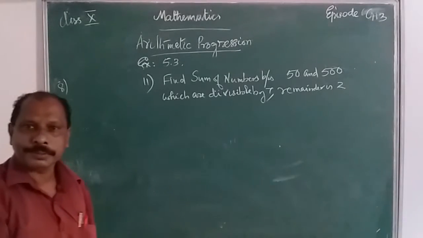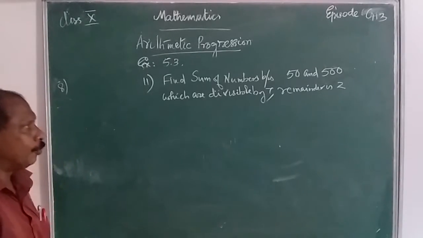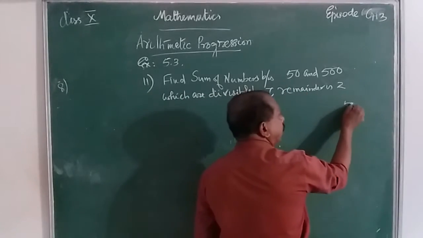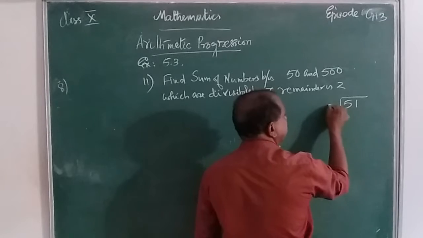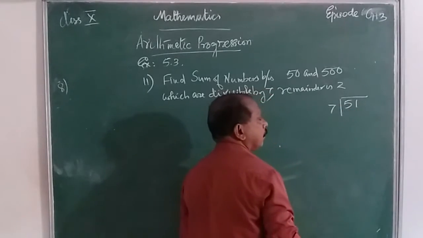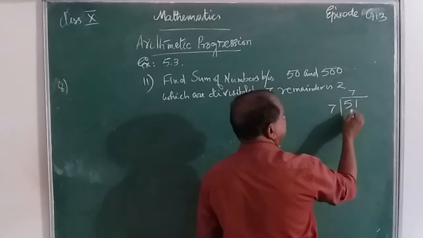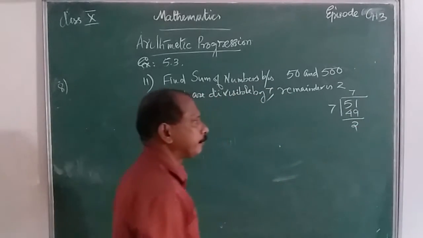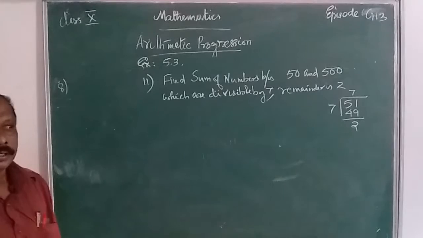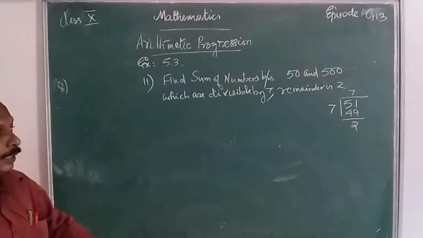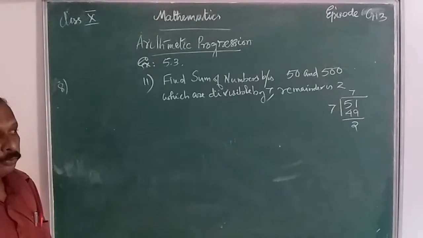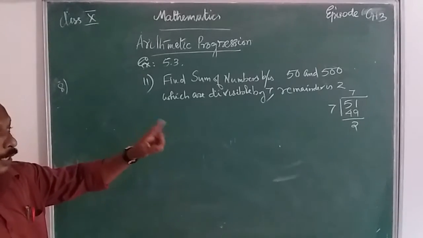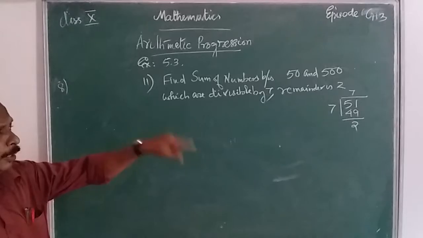That is the second number. Therefore the first number is not 50, it is 51, because 7 sevens are 49, and the remainder is 2. So 51 is the first number, the remainder is 2.